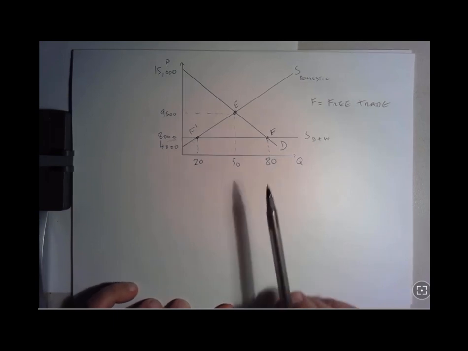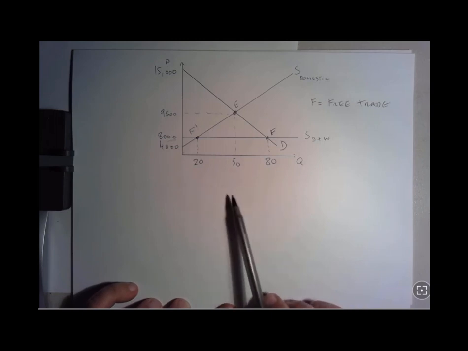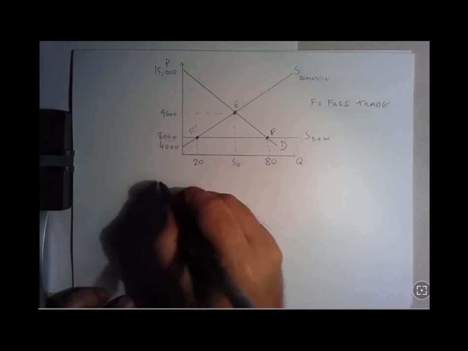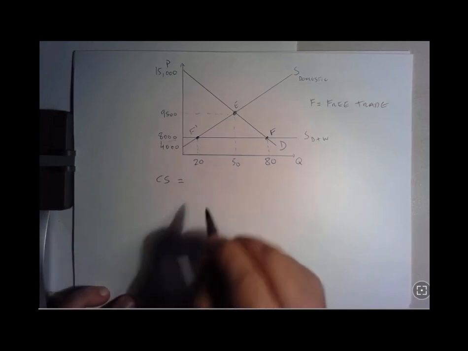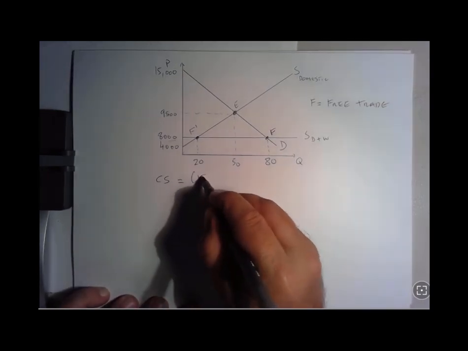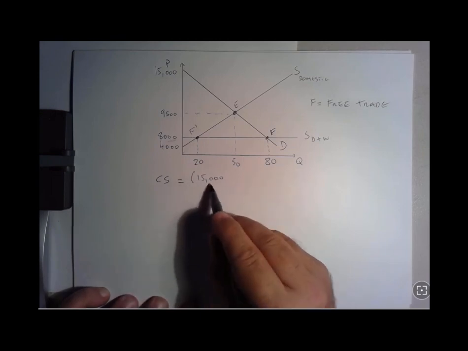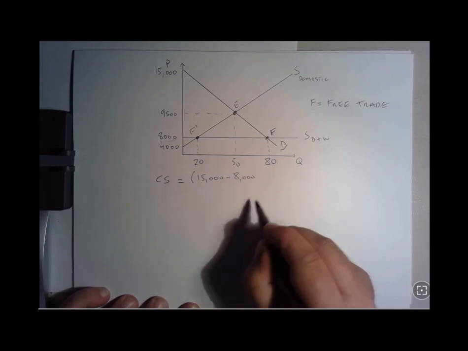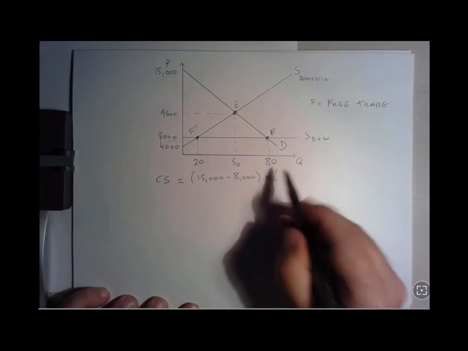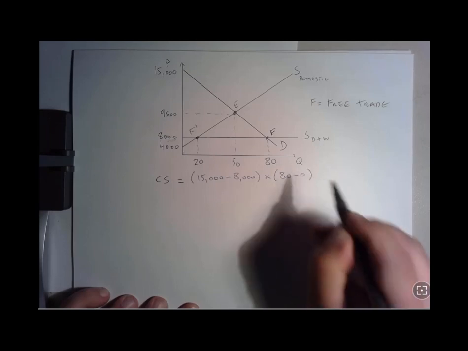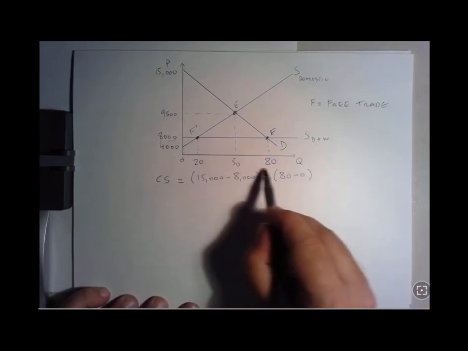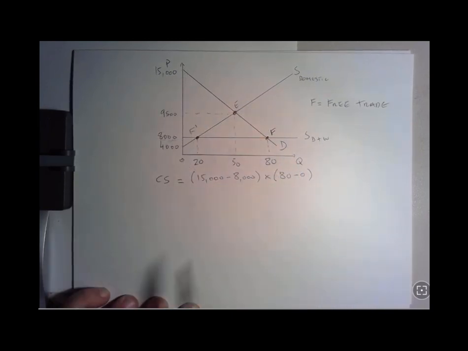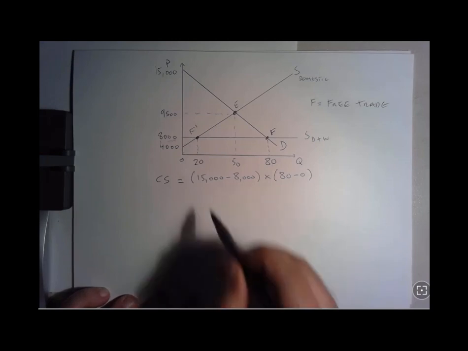Let's assess these levels of satisfaction and dissatisfaction using the consumer and producer surplus tool. So the consumer surplus in this case is going to be, well, the rise is 15,000 minus the new equilibrium price, which is 8,000, and the run now is 80, all the way from 0 to 80. That's this part of the triangle. And we got the rise from the vertical axis.